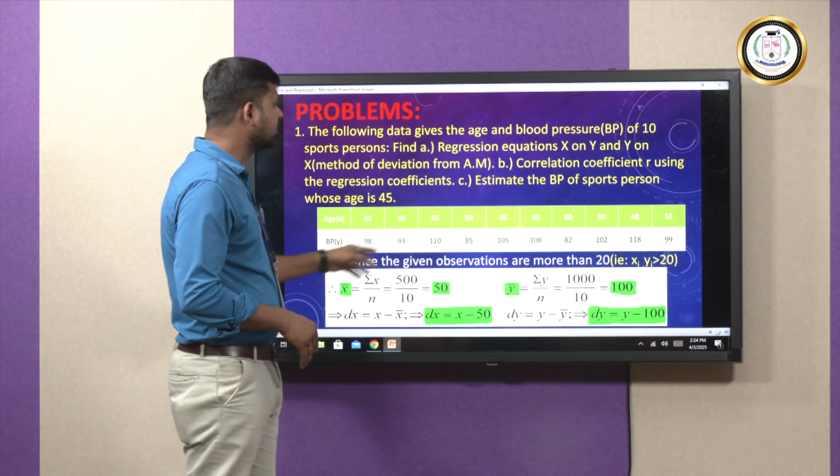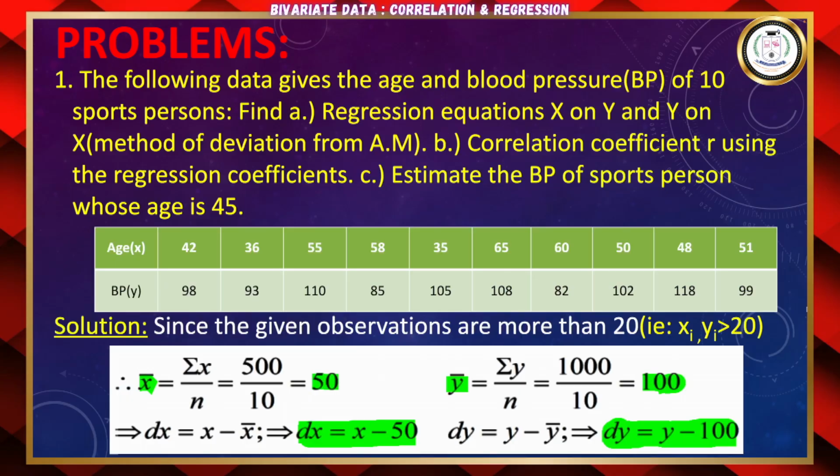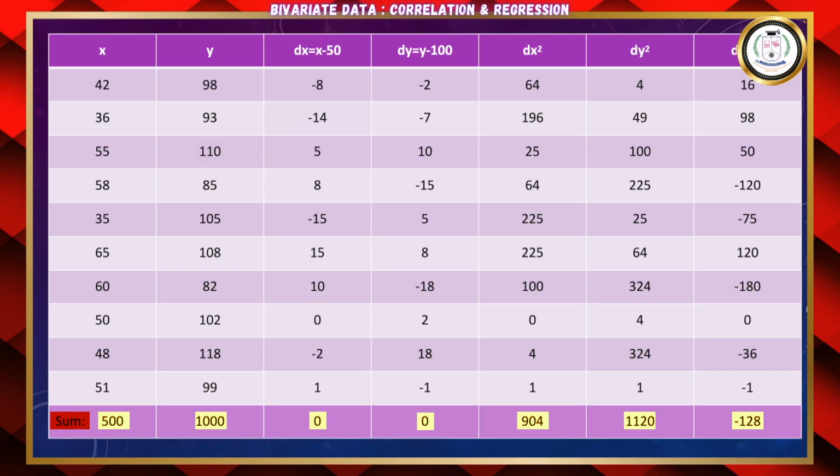So the given data are greater than 20, as we discussed already, so use the deviation method. For the deviation method I need x bar as well as y bar. X bar is 50, y bar is 100. So dx, dy look like this. Then the table will be x as it is, y as it is, take summation for that.